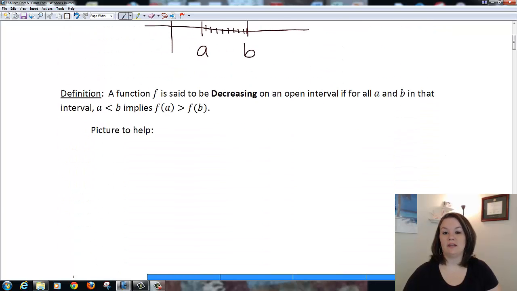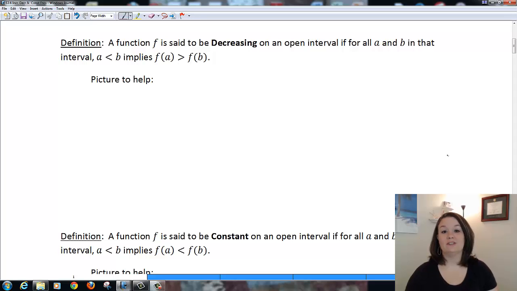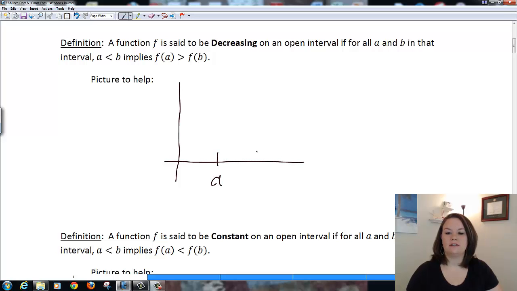Decreasing looks the same, but now, as you would guess, our y values will be decreasing, so our line should be going down. So here we have the same kind of picture. Here's A, here's B, and this time maybe it looks something like this, okay?